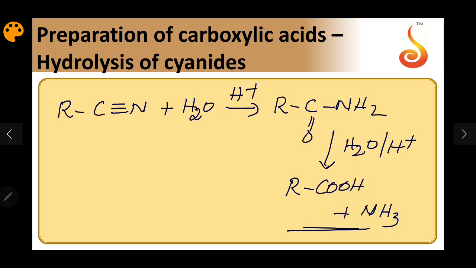That is why even cyanide can be regarded as a derivative of carboxylic acid, because on dehydration of amide we get cyanide. As per the definition, cyanide also gives carboxylic acid on hydrolysis, so it can be considered a derivative of carboxylic acid.